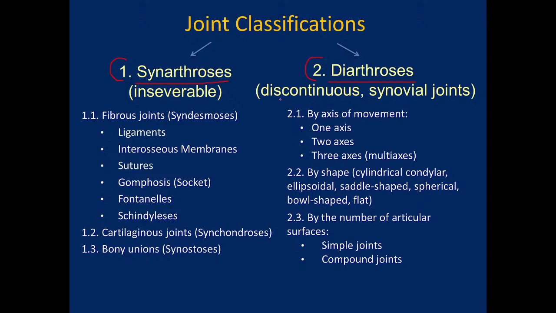And diarthrosis, another name is discontinuous or synovial joints. It means the typical joints which provide the movement between bones.